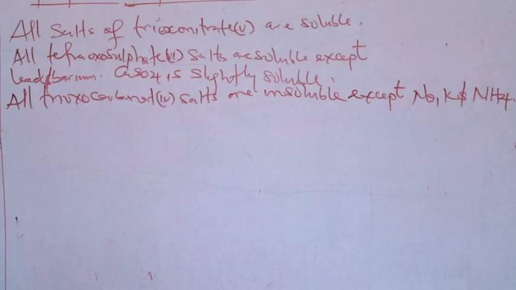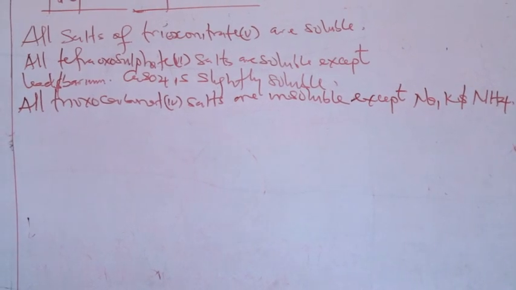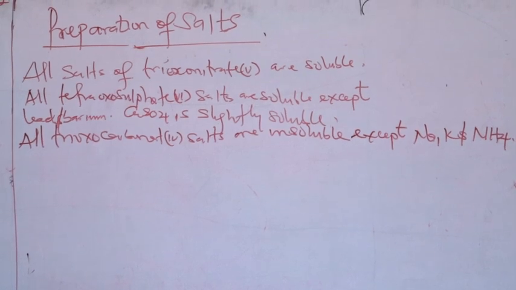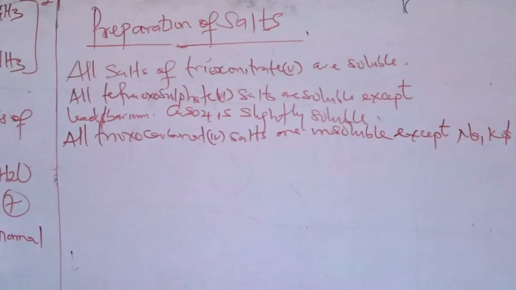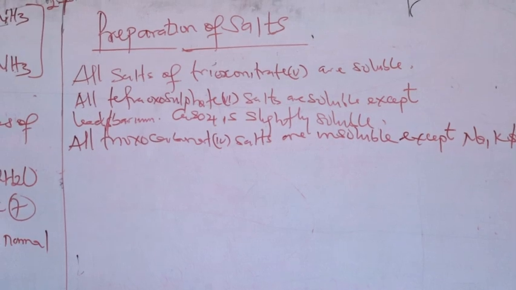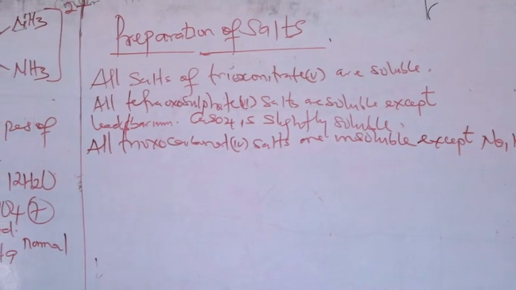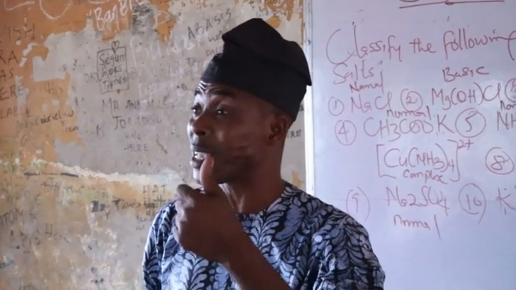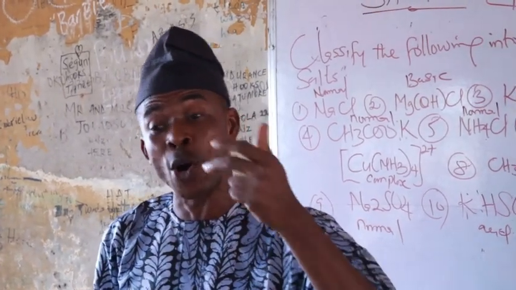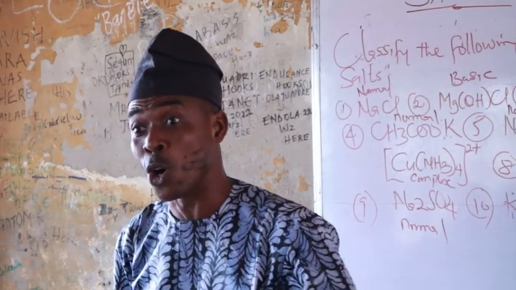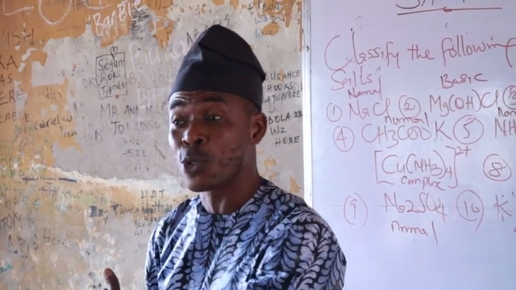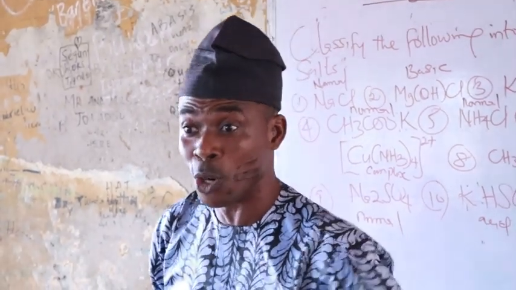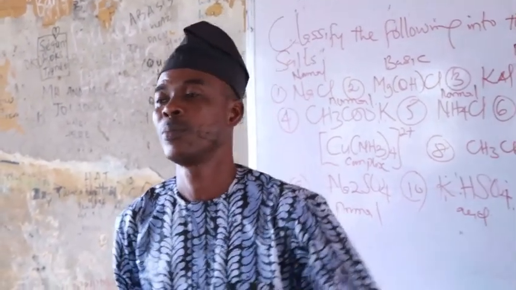All sodium salts are soluble. All potassium salts are soluble. Is that okay? So when you talk of carbonate salts, they are usually insoluble. But if it has sodium, potassium, or ammonium, it becomes what? Soluble, because we have said all salts of potassium, sodium, and ammonium are soluble.